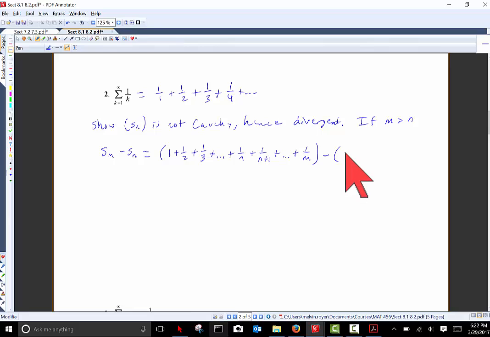Now for S sub n, I just get 1 plus a half plus dot dot dot plus 1 over n. And notice that every single term that's in this sum is included in here. So this just cancels out part of this sum, and we end up with 1 over n plus 1 plus 1 over n plus 2 plus dot dot dot plus 1 over m.